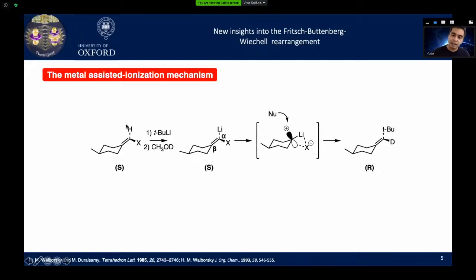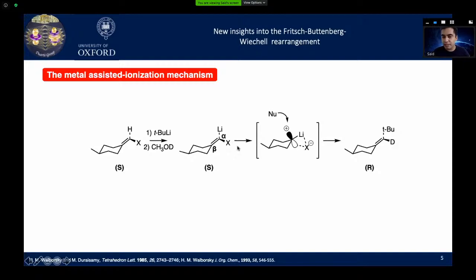These carbenoids can be attacked by a nucleophile. In this process, what you will see is the direct nucleophilic attack trans to the leaving halogen with the simultaneous ionization of the carbon-halogen bond, forming a tight ion pair structure and placing the positive charge on an empty p orbital.